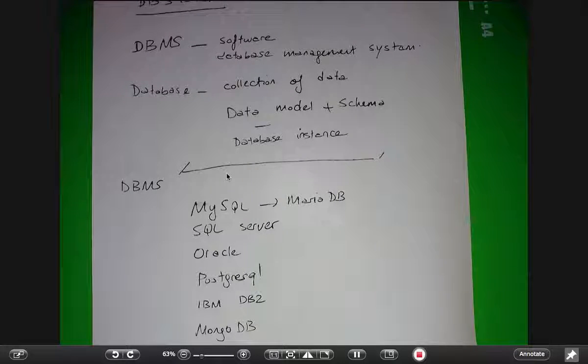Okay, so the question is, what makes something a database management system, and what are things that are not database management systems? For example, is Excel a database management system? Is your file system a database?